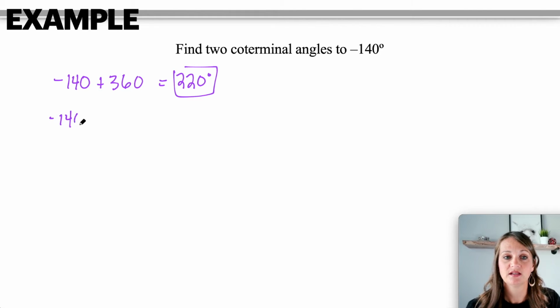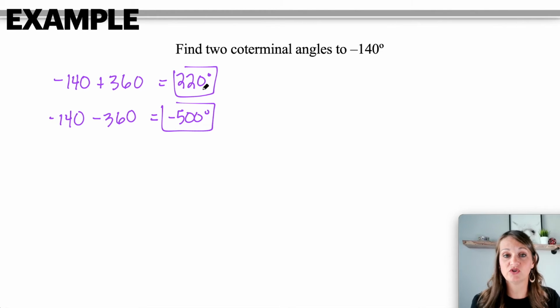I could subtract 360 degrees from it again, and I would have gotten negative 500 degrees. If you got 220 degrees or negative 500 degrees, those would both be right. You could have taken negative 140 and added 360 degrees twice, in which case you would have gotten 580 degrees. So it doesn't matter. There are multiple ways to find coterminal angles.